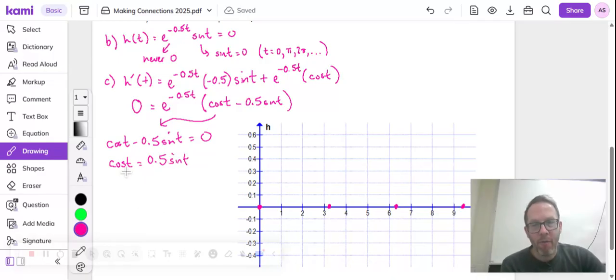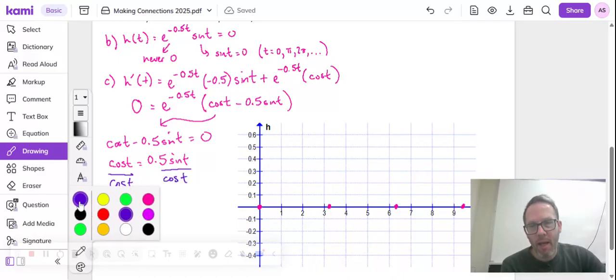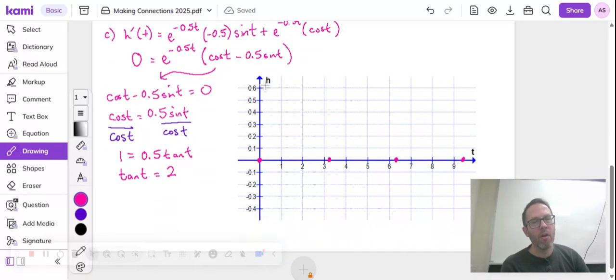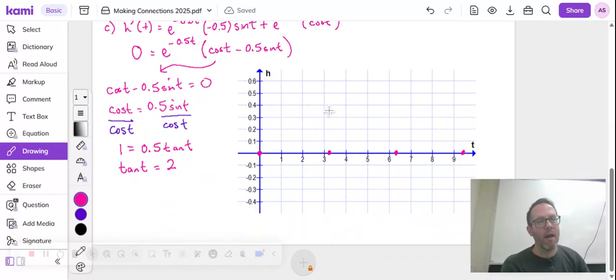If you divide both sides by cosine, you get 1 is equal to 0.5 times the tan of t. And if you get tan t by itself, by dividing by 0.5, you get tan of t is equal to 2. Our calculator will spit out a value of t that gives a tan ratio of 2.